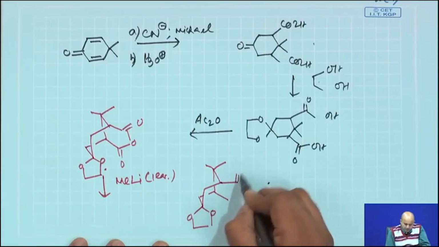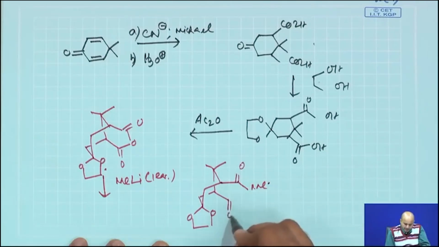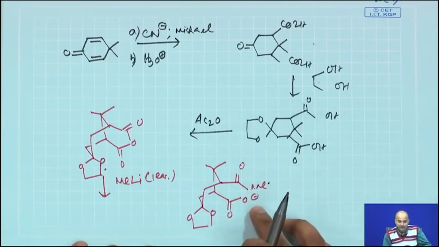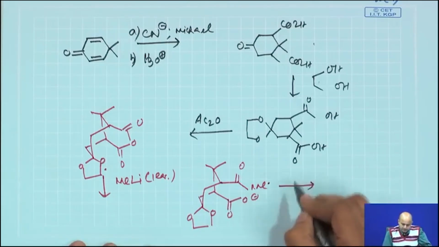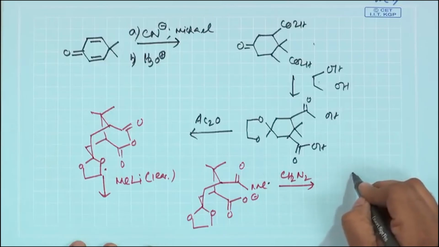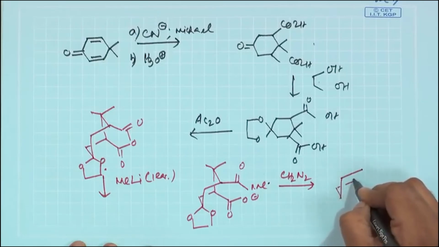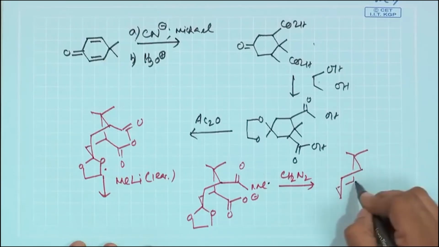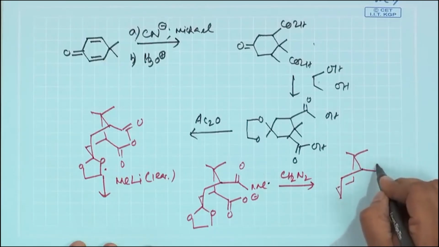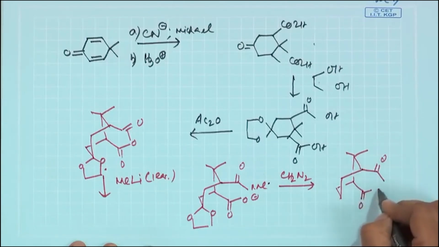So, now you will have this CO2Me and CO2 minus actually, or you can have this acid. Eventually, you treat this compound with diazomethane, you get the corresponding methyl ester, and the structure will be this, and then you have your COMe and C double bond to OMe.